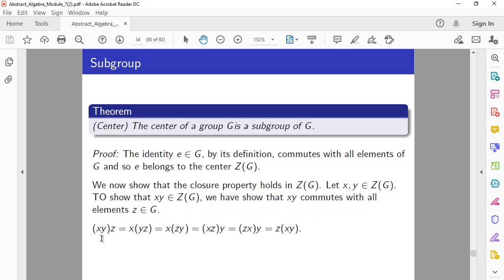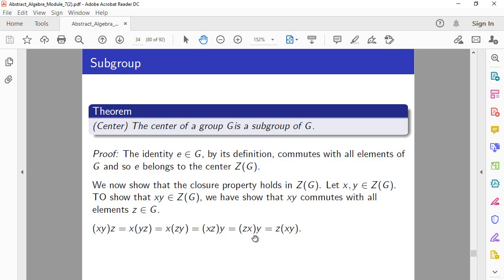Well, let's look at this. If I multiply xy with z, by associativity, I can regroup these factors. So x times yz, and then since y is in the center, y commutes with any element. So yz is the same as zy, and then I can regroup again. I can write xzy. And then x is in the center, so x commutes with z. So xz is the same as zx.